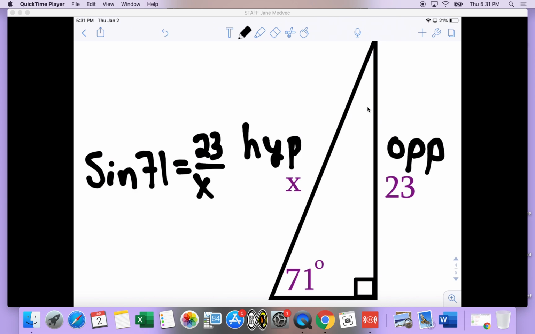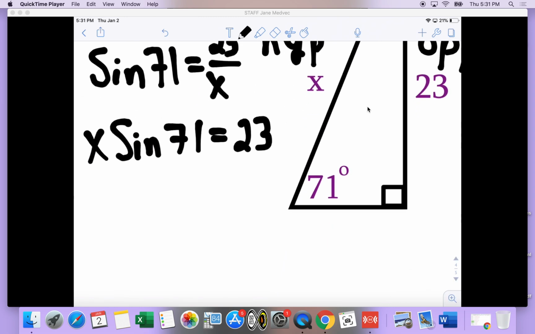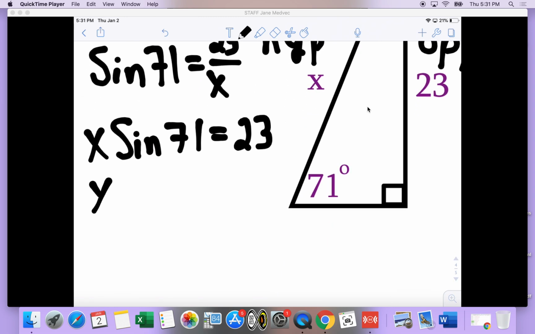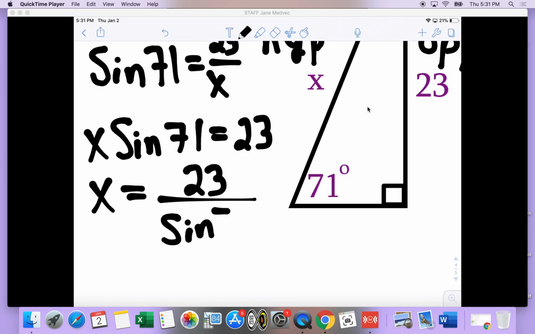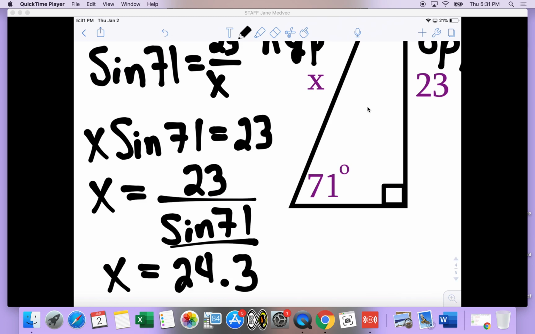We're going to multiply both sides by x. Divide by sine 71. Go ahead and grab your calculators. 24.3.